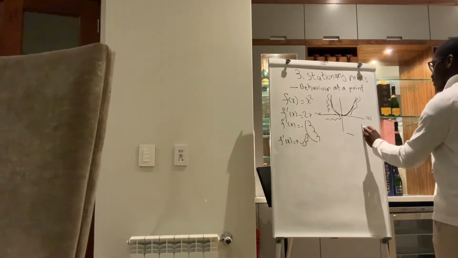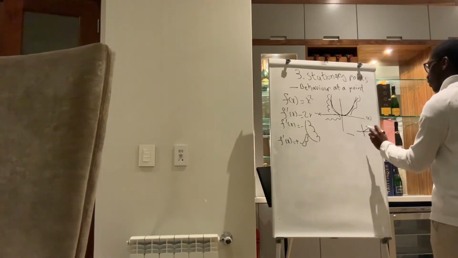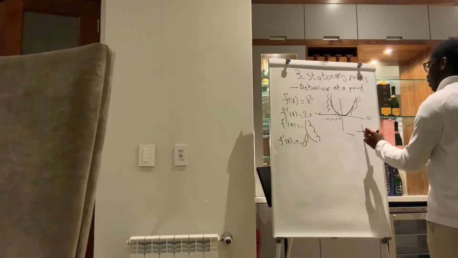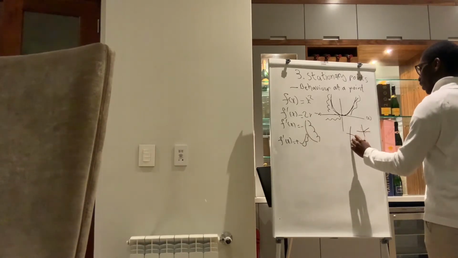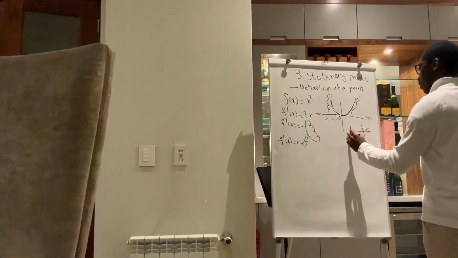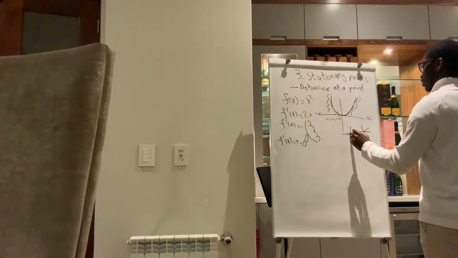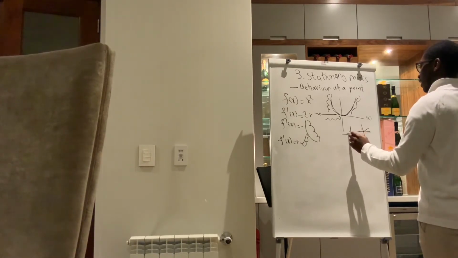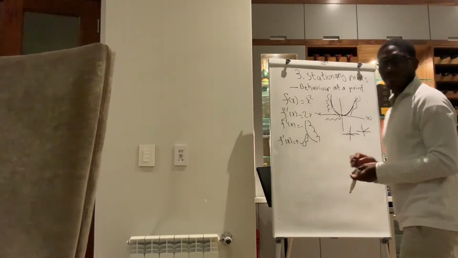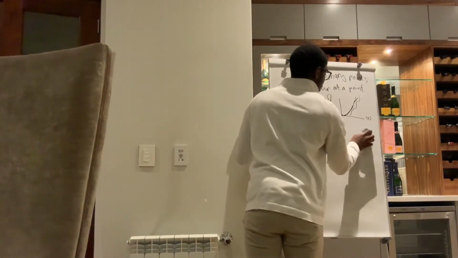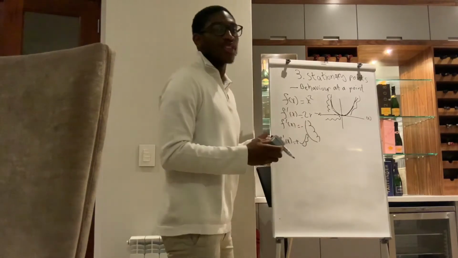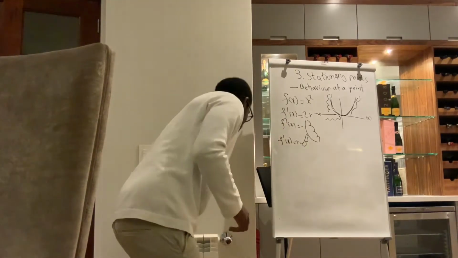So these tangents are clearly positive. The rise is positive, and the run is positive. Whereas here, you can see the rise is still positive, but the run is now negative. And so those tangents will be negative, which makes sense because the derivatives will be negative at that point.